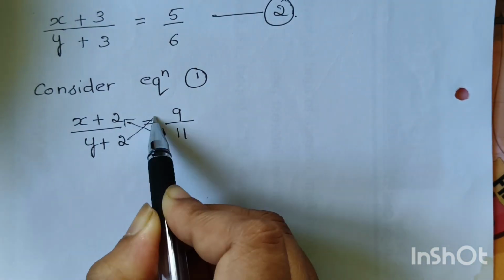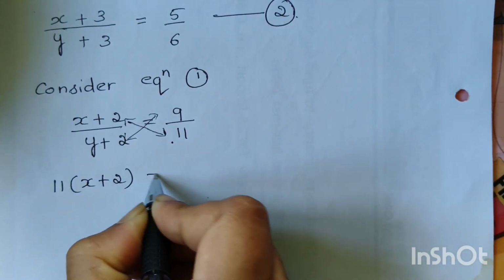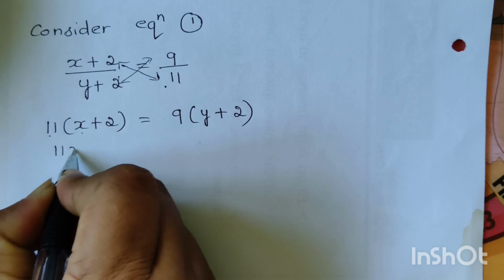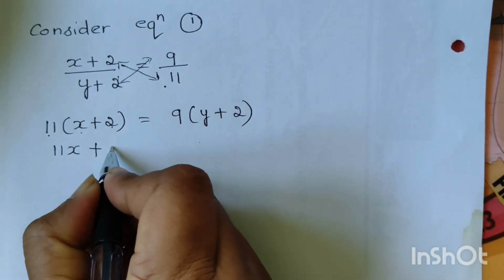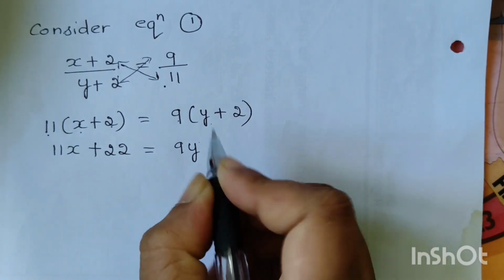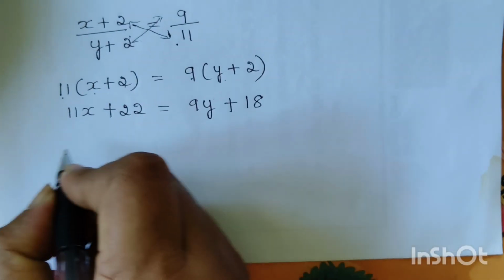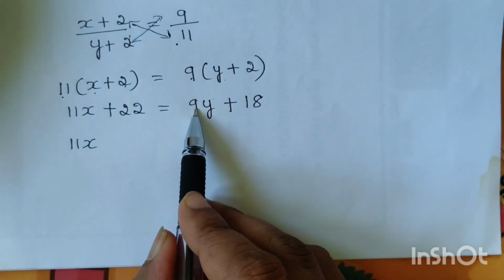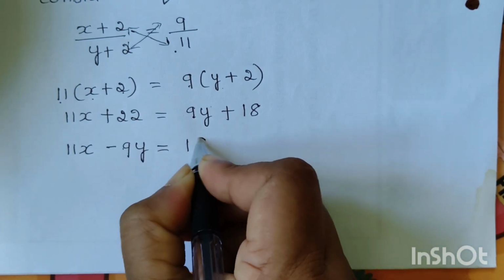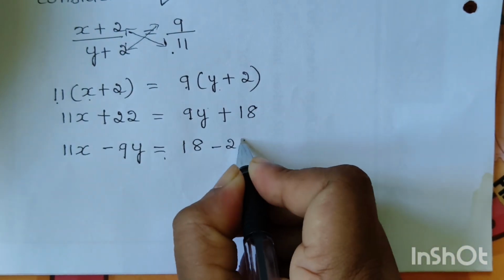First let us cross multiply this, that is 11 into x plus 2 is equal to 9 into y plus 2. 11 into x is 11x plus 11 into 2 is 22 is equal to 9 into y is 9y plus 9 2s are 18. 11x, plus 9y, when it crosses to this side it becomes minus 9y, plus 18, plus 22, when it crosses the equal to sign, it becomes minus 22.